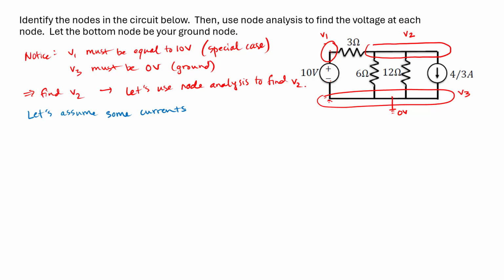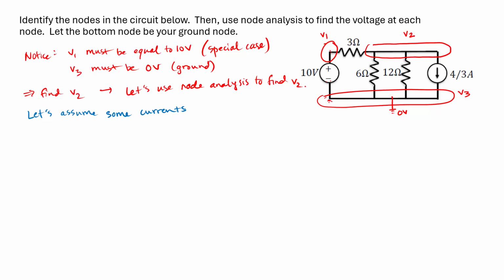Remember, you do not need to try to guess correctly. The important thing is to be consistent. So draw in the arrows, and then you can go from there with applying Kirchhoff's current law. As long as you apply Kirchhoff's current law correctly, it doesn't matter which direction you assume for each current.